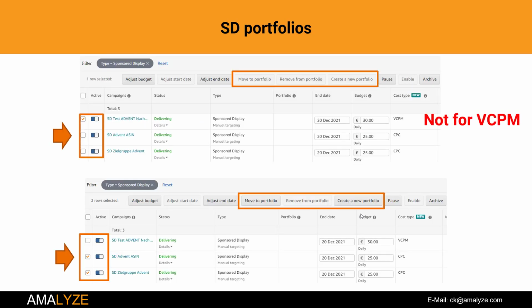Then we have the topic of sponsored display portfolios. Finally, Amazon has offered us the solution, but what you're seeing here is a little problem with it. I can't create a new portfolio when it is VCPM, viewable cost per mille. It's only available for the cost per click scenarios. Don't ask me why. It's just the facts.